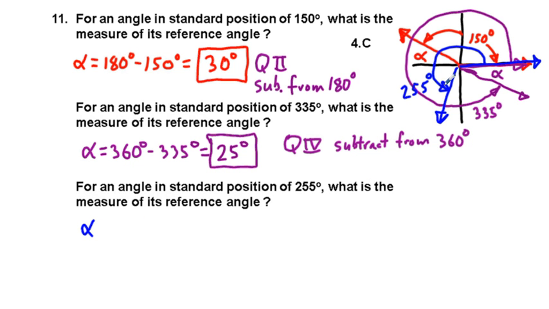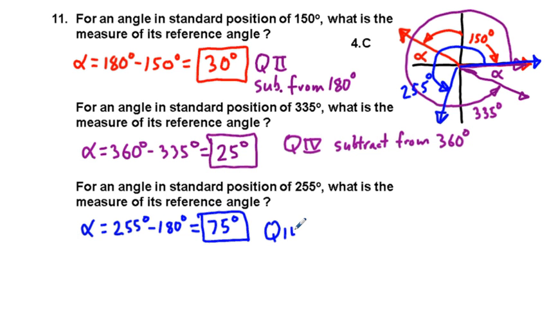We're looking for this angle between the x-axis here. It's going to be this 255 degrees minus 180 degrees. And that's going to be 75 degrees. So for this, we have to, in quadrant 3, subtract 180 degrees from that.